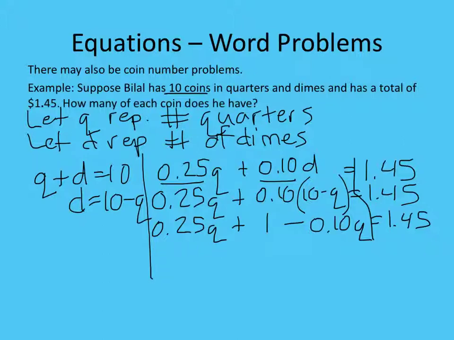Now I'm going to group like terms. I see this, and I'm going to group them together. So 0.25Q take away 0.10Q gives me 1, I'm just going to bring down, plus 0.15Q. The 0.15 is 0.25, take away 0.1.